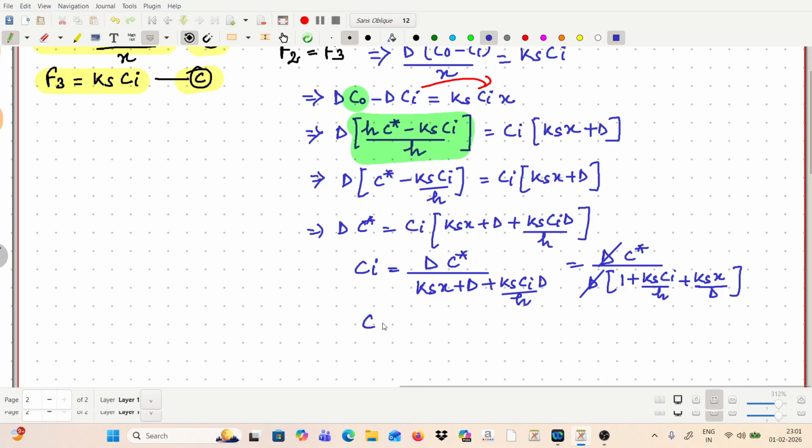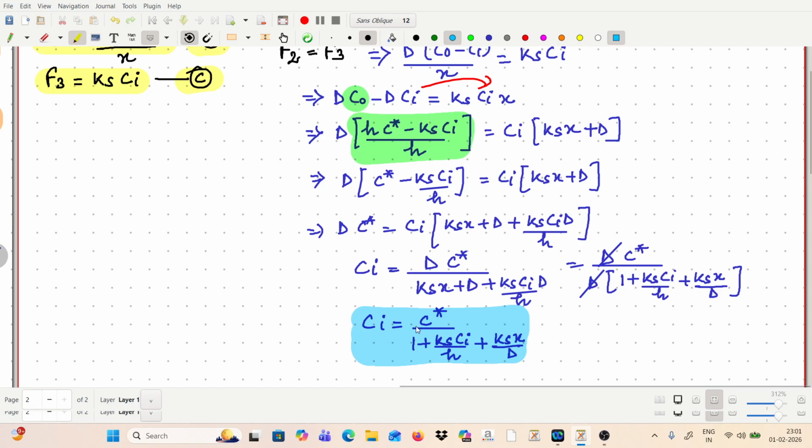So CI value will be here as a function of equilibrium concentration of the oxide, 1 plus KS CI by H plus KSX by D. This one is the CI value.